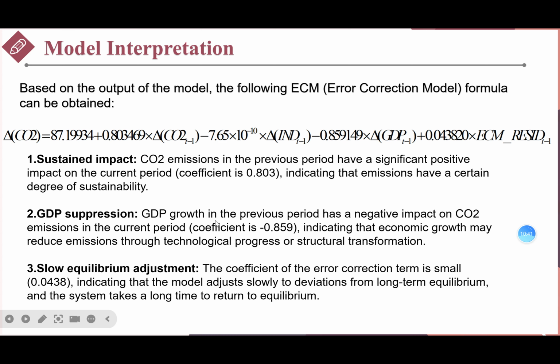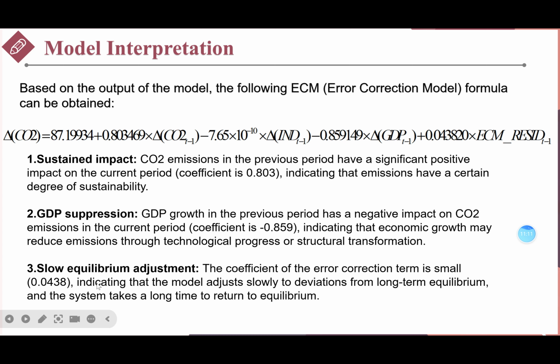GDP growth in the previous period has a negative impact on CO2 emissions in the current period, whose coefficient is minus 0.859, indicating that economic growth may reduce emissions through technological progress or structural transformation.